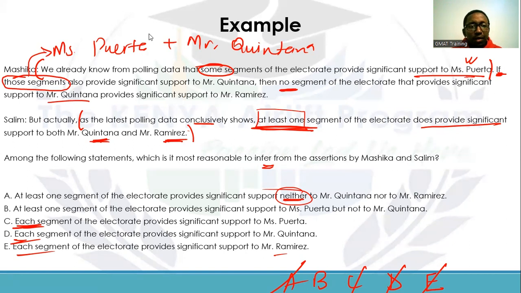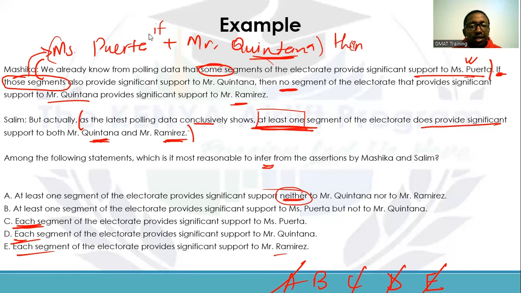So this is the if, then any segment that supported Mr. Quintana would not provide significant support to Mr. Ramirez. So that's what we are saying.